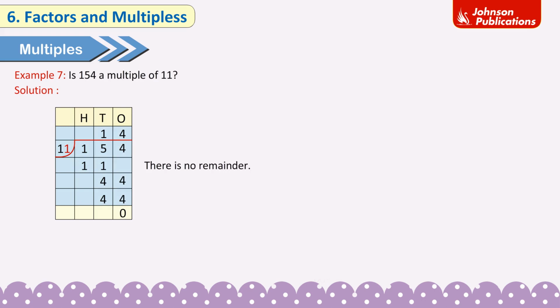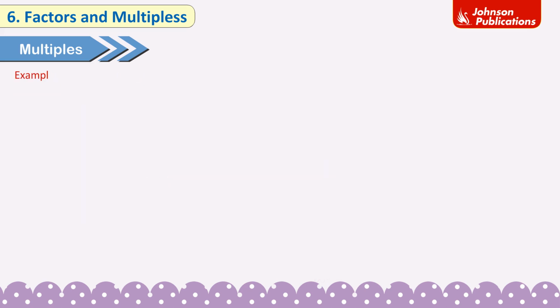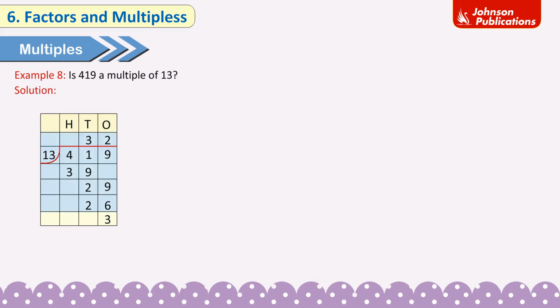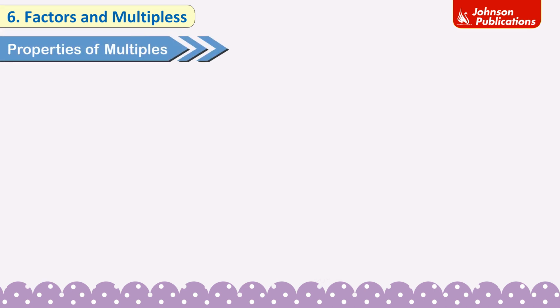There is no remainder. Therefore, 154 is a multiple of 11. Example 8. Is 419 a multiple of 13? Solution. 13 does not divide 419 exactly. Therefore, 419 is not a multiple of 13.